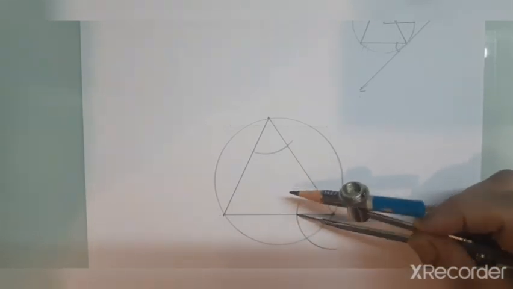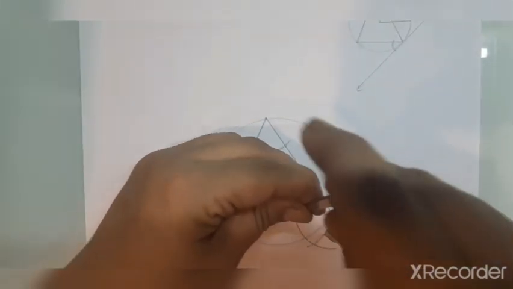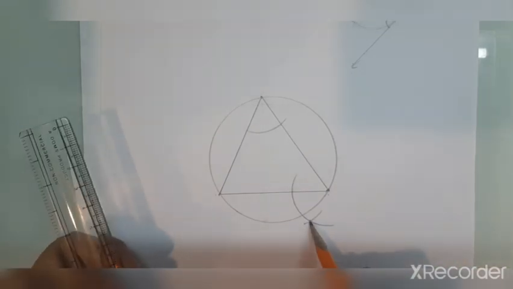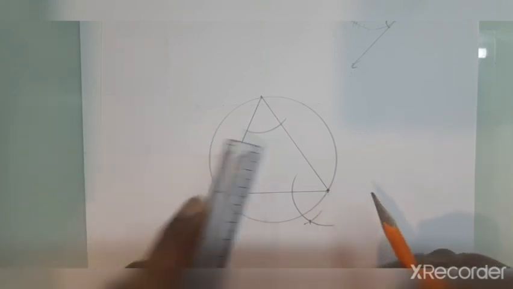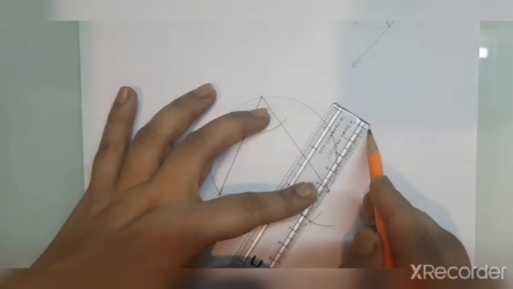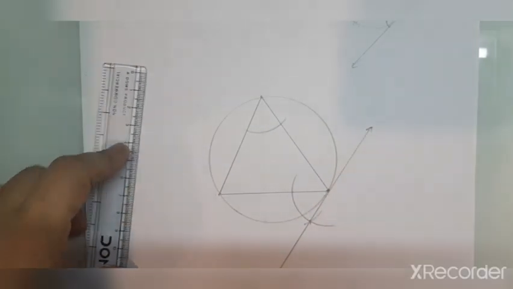The arc is cutting that line. I'll keep the pointer there and I will just cut the bigger arc what I've made. Now this point and this particular point I'll try to join, and whichever line I get, that is the tangent to this circle.